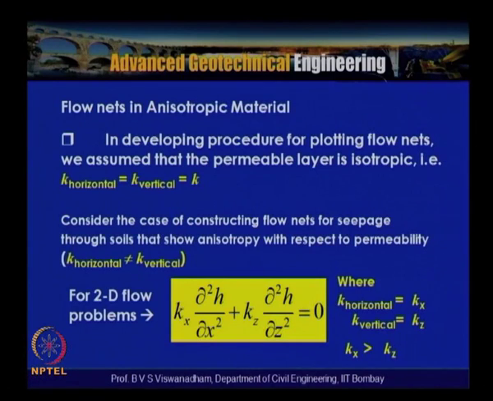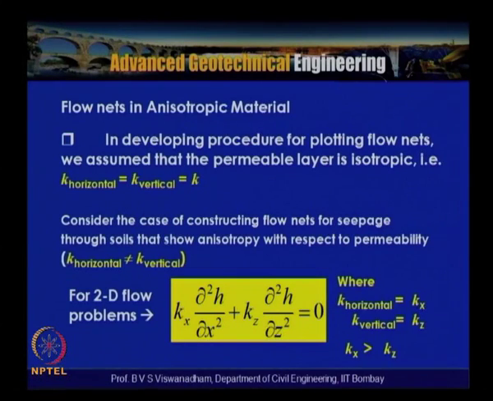In fact, K horizontal is usually more than K vertical. The ease with which water can flow in the horizontal direction is superior to the vertical direction, because sigma horizontal, which is available at any given point for major types of soil deposits, is less than sigma V. This makes K horizontal more than K vertical.